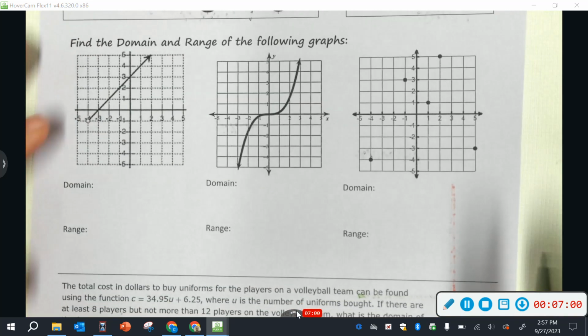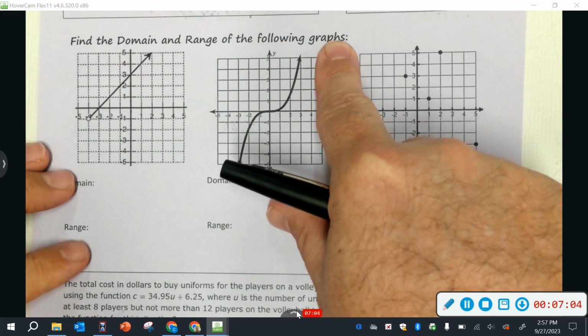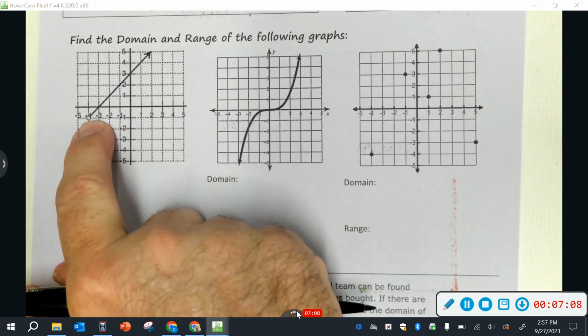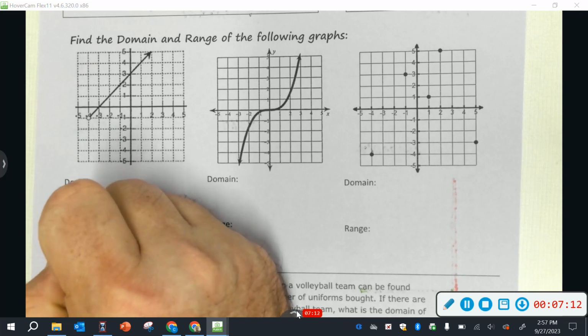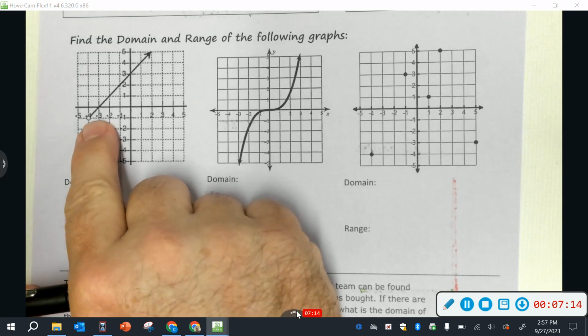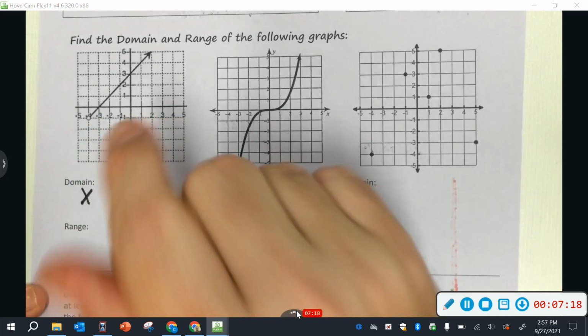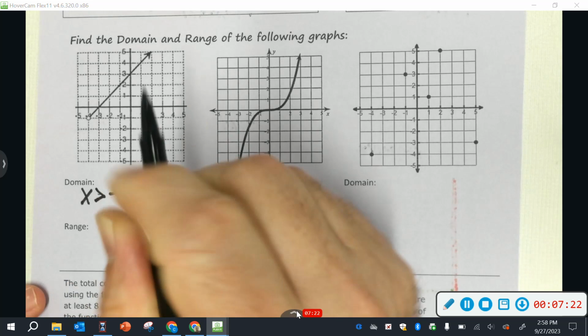Alright, so now let's find the domain and range of the following graphs. So the domain here, you notice we have an empty dot. So we're talking about the domain, so we're going to go x, and all values of x greater than -4 are going to be in our domain, so we're just going to go greater than -4.